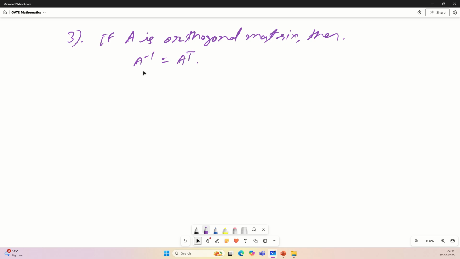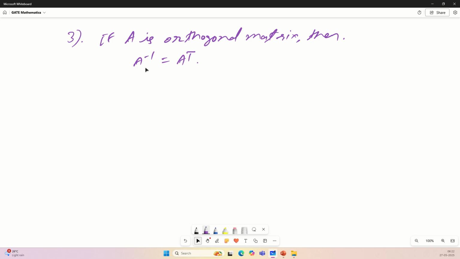Finding A inverse of a matrix is very difficult. You know already, it is a long process, right? So if you already know that the matrix which was given is orthogonal, then you can just find out the transpose of that matrix to get the inverse of the matrix.